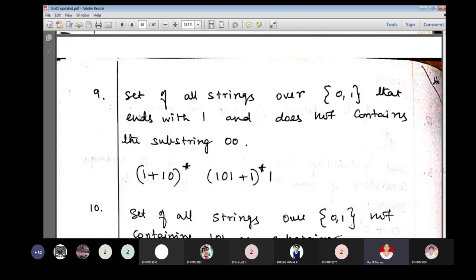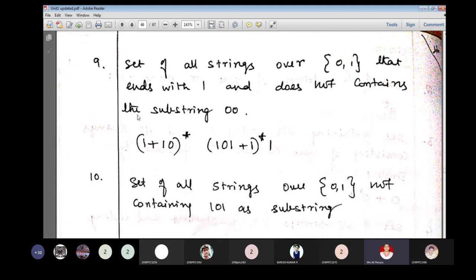Next, set of all strings over 0 comma 1 that ends with 1 and does not contain the substring 0 0. I'll repeat, set of all strings over 0 comma 1 that ends with 1 and does not contain the substring 0 0. So there should not be any 0 0 together, two consecutive zeros. For this, the regular expression is: it may have either 1 or 1 0, and this can be repeated any number of times.